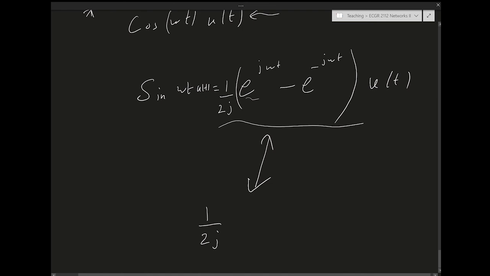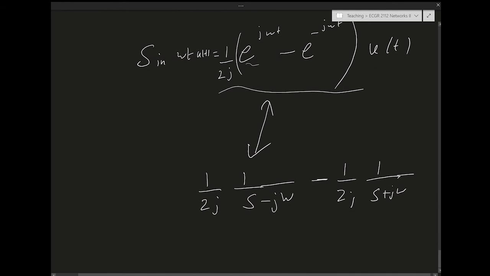So 1 over 2j, e^(jωt) u(t), that's 1 over s, but s has shifted by minus jω. So it's going to be 1 over (s minus jω). And this is minus 1 over 2j times the same Laplace transform for 1 over s, but shifted by plus jω.